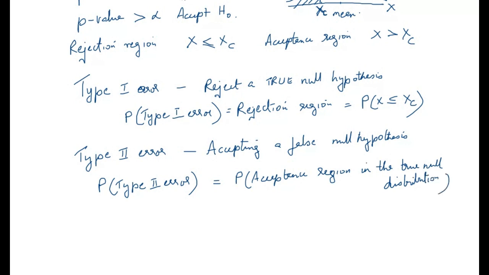We can also write it as probability of acceptance given a false null hypothesis.